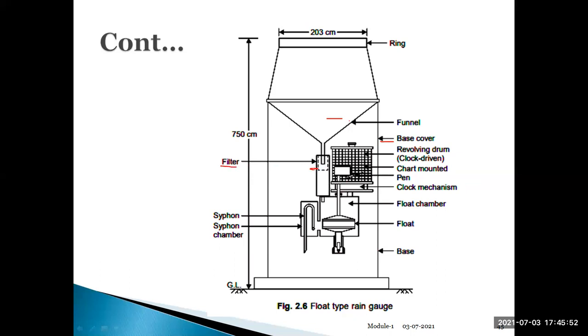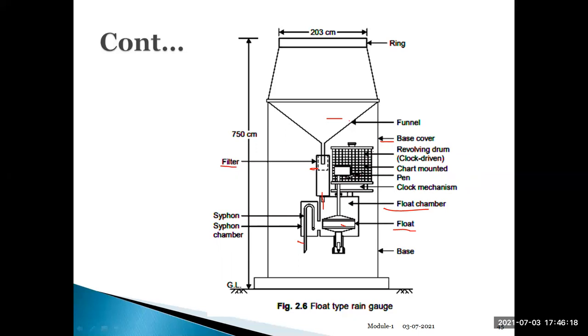So to avoid the dust, after the filter it is connected to the float chamber. You can see from the filter water will come to the float chamber. This is a float chamber, and this is a float, and that float chamber is attached to a siphon chamber. So this is a siphon chamber, and this is a siphon. This float is attached to a revolving clock driven drum.